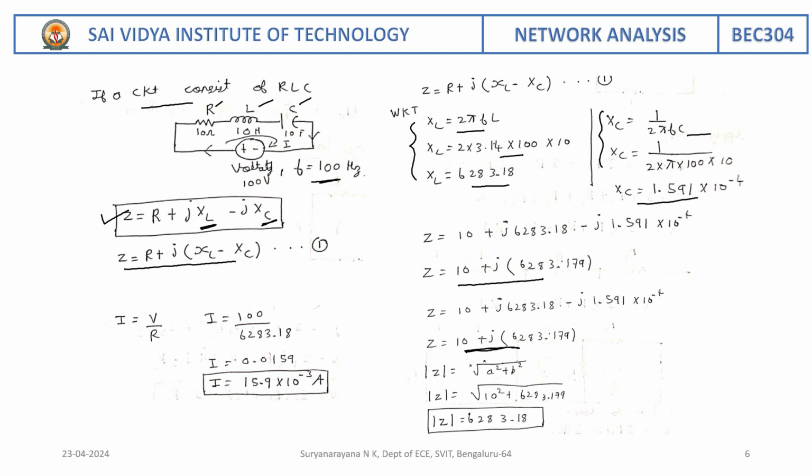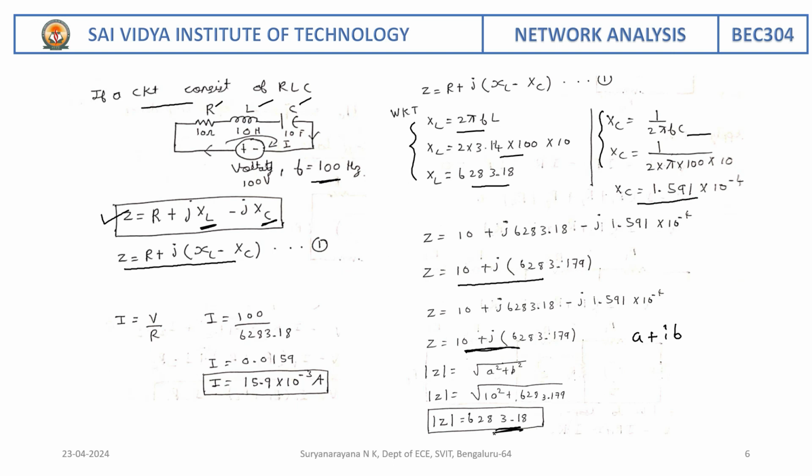Now this is in rectangular form. Now I want to convert this into the polar form. So here when this is in A plus JB form, that is rectangular form, we are going to calculate the amplitude, that is Z, that is given by A square plus B square to the power half. So substitute and find the value.